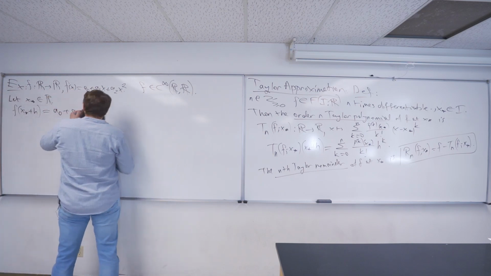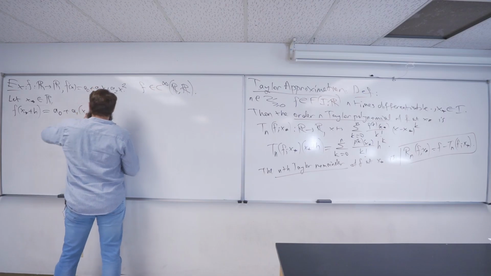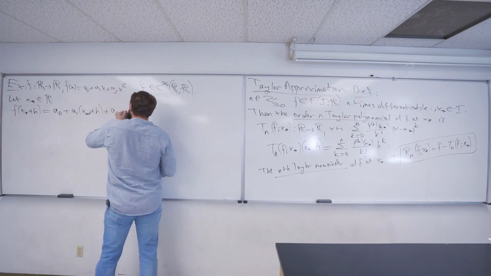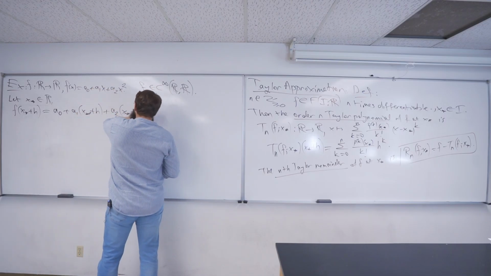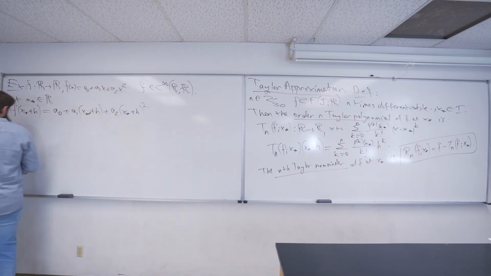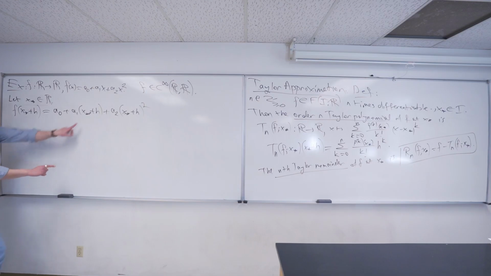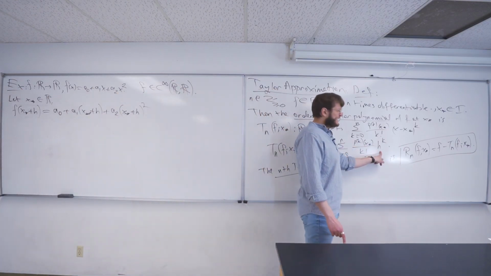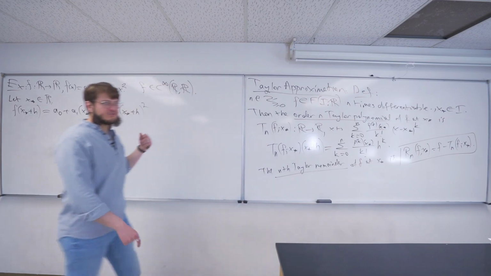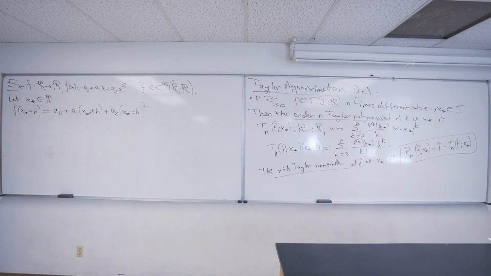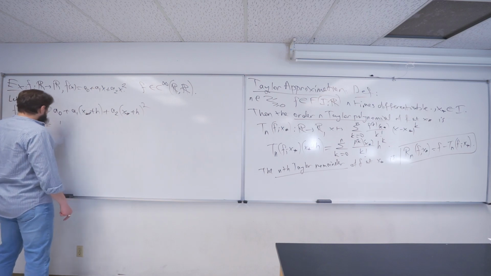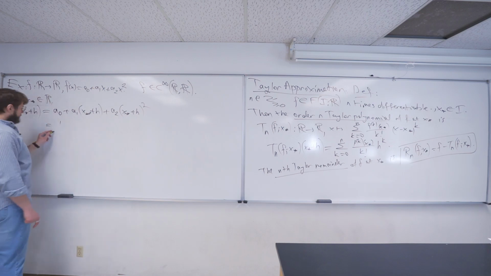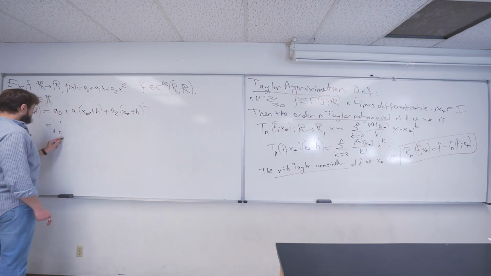I'm just plugging these in. Now I want to expand this. But since in these coordinates, I'm looking for a polynomial in h, I'm going to collect the terms according to the orders of h. And so I have h to the 0, h to the 1, h to the 2.